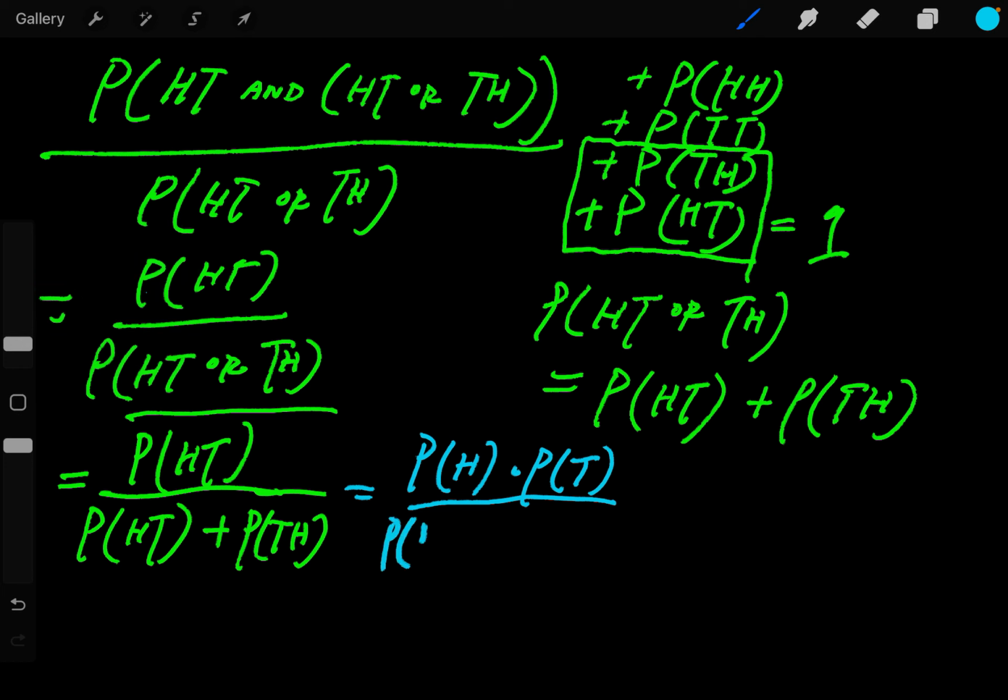And then that becomes the probability of a heads times the probability of a tails plus the probability of a tails times the probability of a heads.